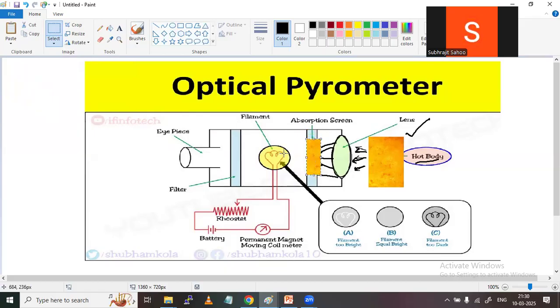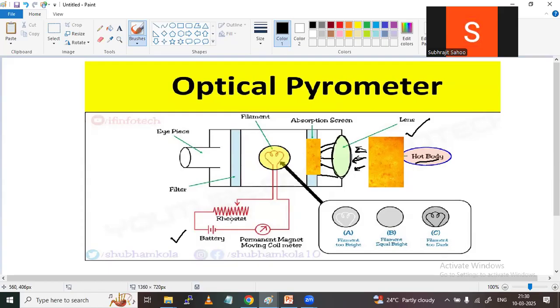Now what we have done in the arrangement here: we are using one filament bulb, and we are supplying current through a battery source. And here is a rheostat, a variable resistor. For what purpose are we using it? To increase or decrease the current value in this filament.